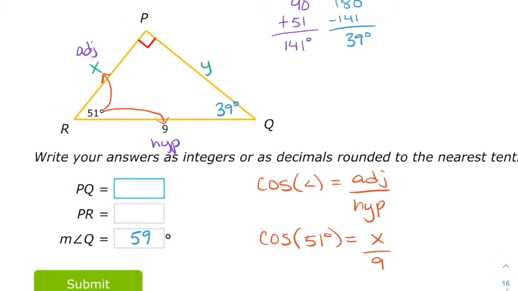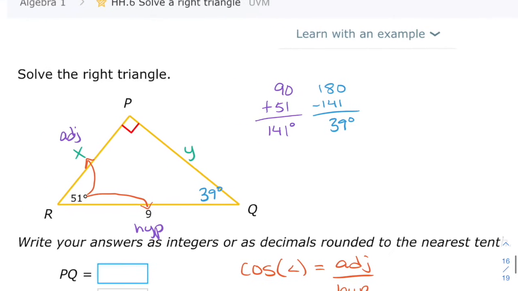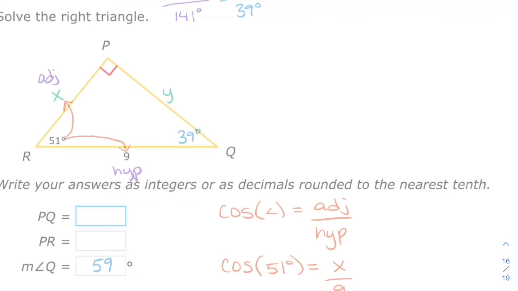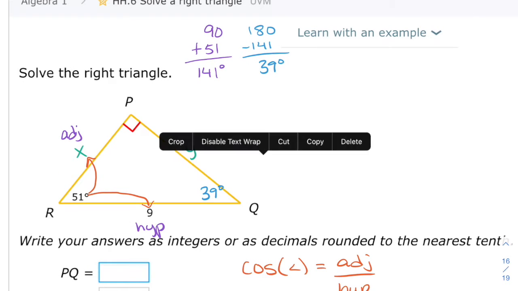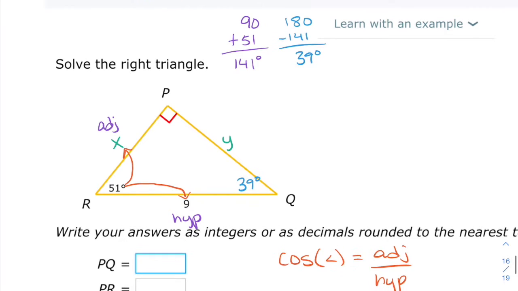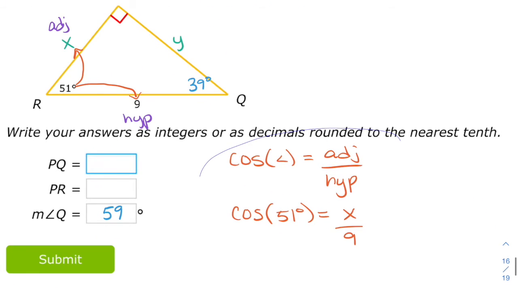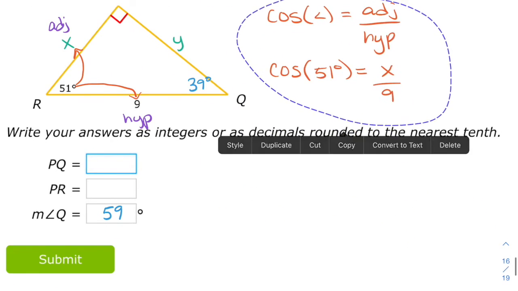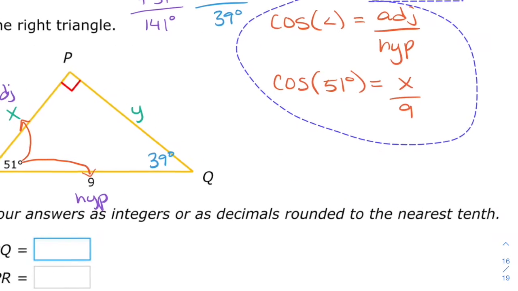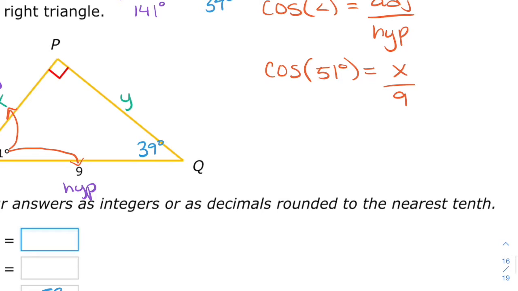Let me put these up here to get them out of the way. So now the cosine of my angle is adjacent over hypotenuse. Cosine of 51 equals x over 9. So now I'm going to multiply both sides by 9.